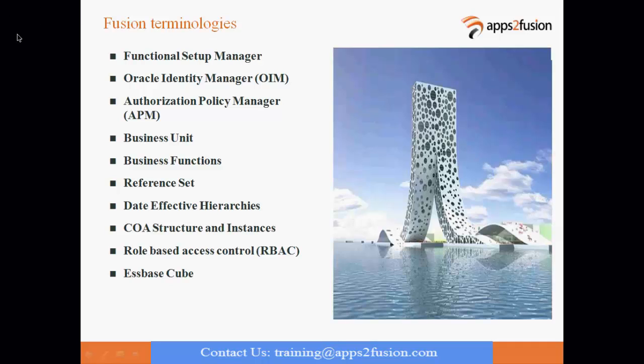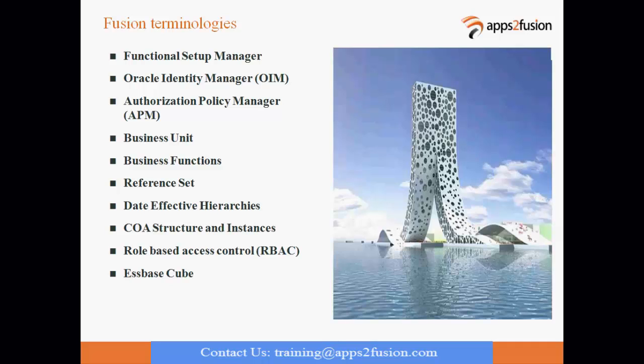Then we have some middleware tools like OIM and APM. So we have Oracle Identity Manager and Authorization Policy Manager. These are the two things that control security in Fusion applications. Oracle Identity Management actually is a separate database.